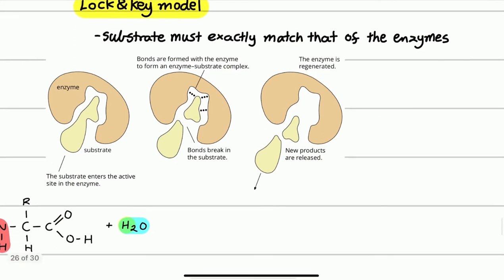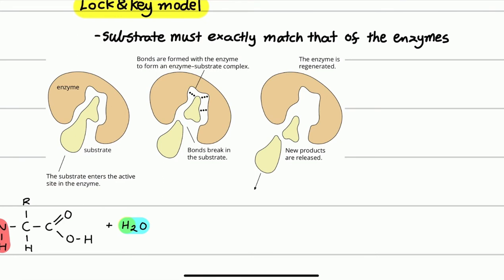A substrate forms weak temporary interactions with the active site of the enzyme, and it forms what is called an enzyme substrate complex, and the enzyme lowers the activation energy of the reaction by weakening the bonds in the substrate, hence allowing the reaction to proceed at a quicker rate. But we'll talk more specifically about this in a bit.